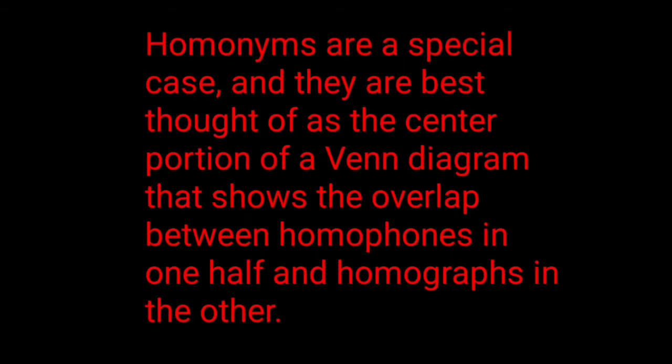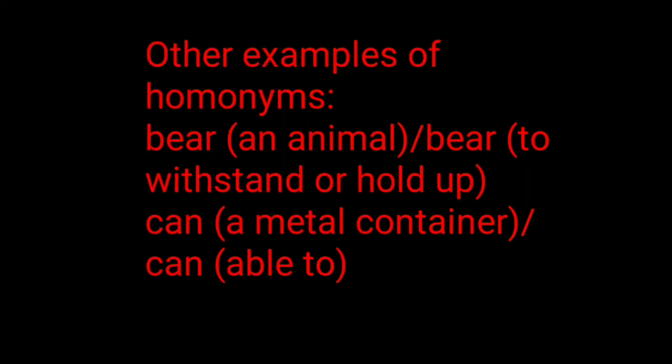So let's check out some detail about this. Homonyms are a special case and are best thought of as the center portion of a Venn diagram that shows the overlap between homophones in one half and homographs in the other. So we'd have to understand this with the sense of a Venn diagram. There would be an overlap of homophones and homographs. That overlap can be considered through these examples.